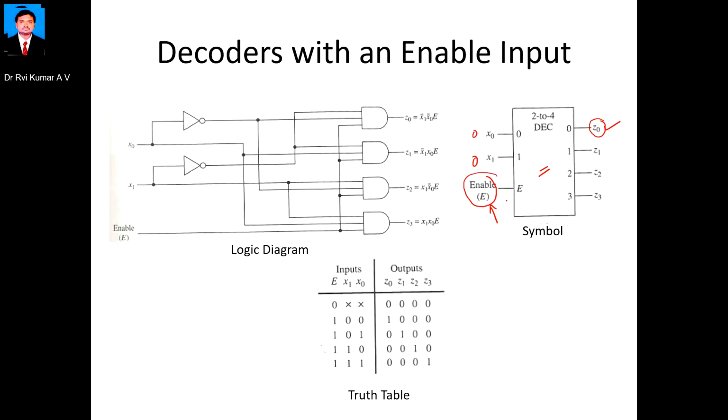This input is given as active high. Whenever I make this 1, the device is enabled and the output will respond to the corresponding input. If you give 0, you can give any kind of input here, the device is disabled and the output will be 0 only. That is why we use the enable line.